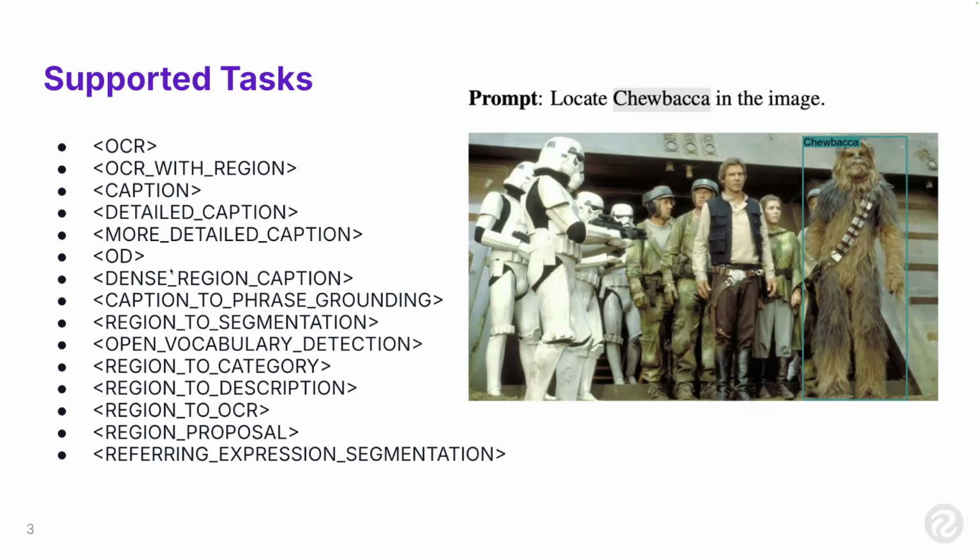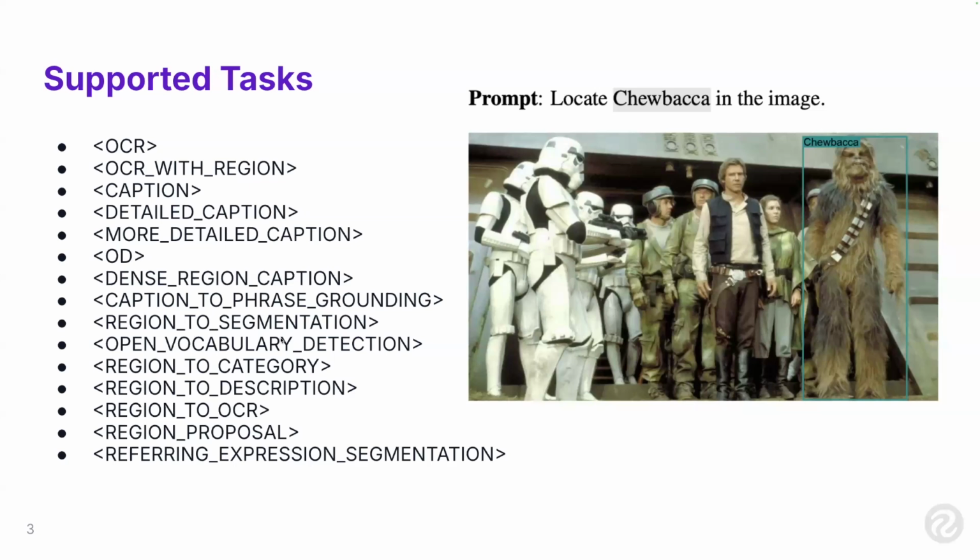Dense region caption finds a bunch of objects in the image and also captions each of the objects. Caption to phrase grounding would be: I describe this image and it would find all the nouns in my description and locate them in the image. Region to segmentation, which simply you draw a bounding box and it would segment the object in that bounding box.